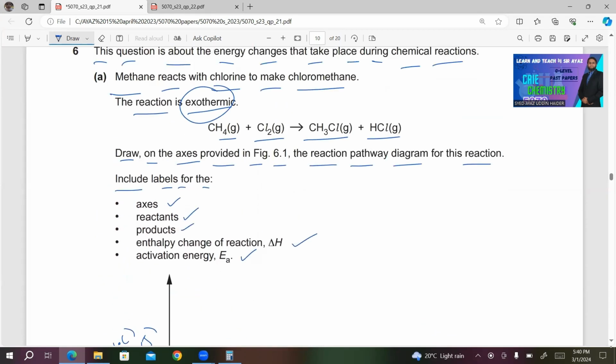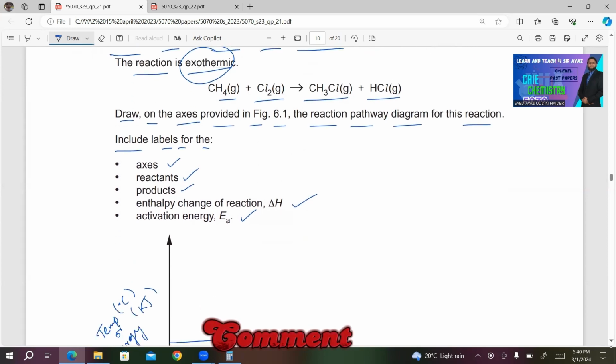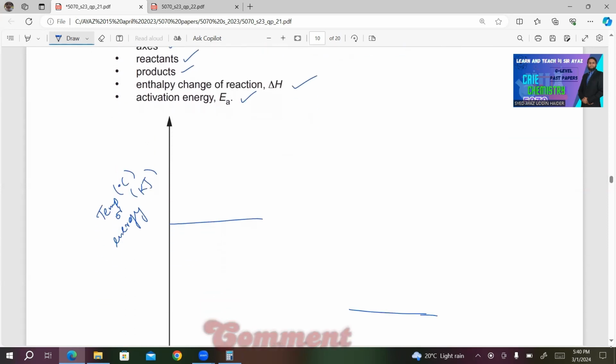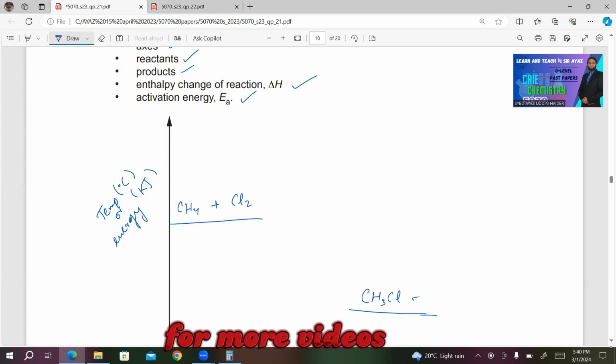We have CH4 plus Cl2 gives CH3Cl plus HCl. So write CH4 plus Cl2, and on the product side you will write CH3Cl plus HCl. Now I'm going to draw the energy hump for this exothermic reaction.